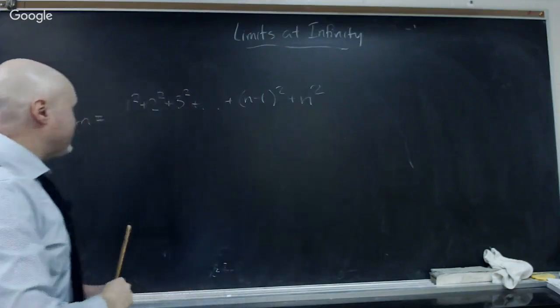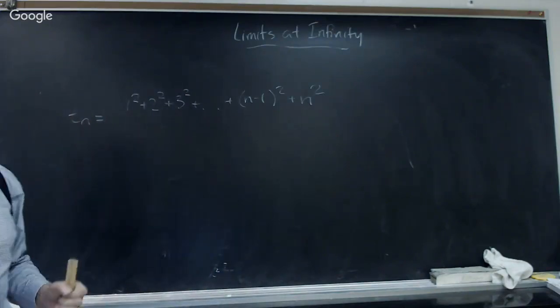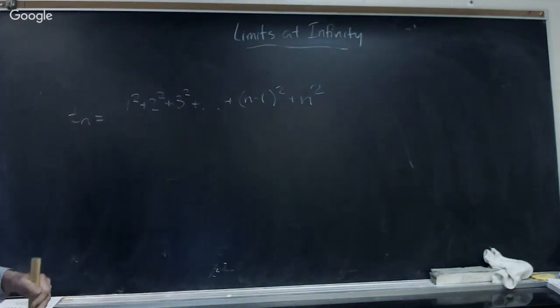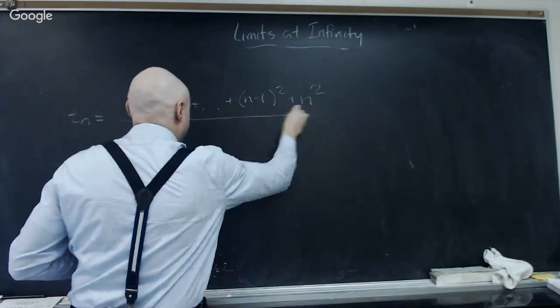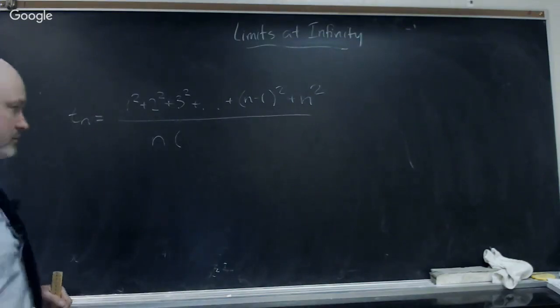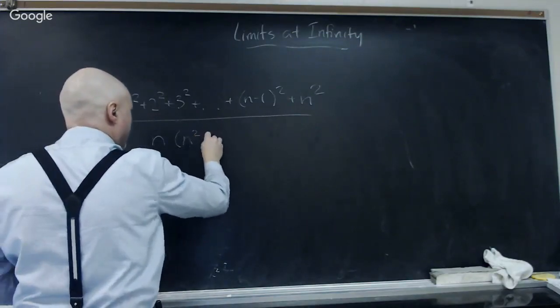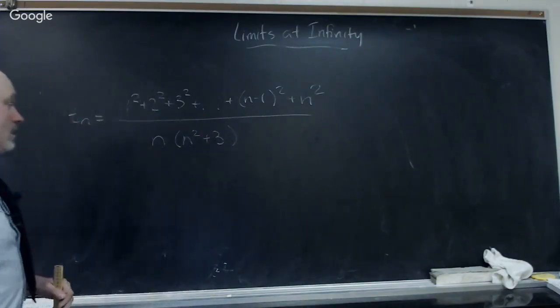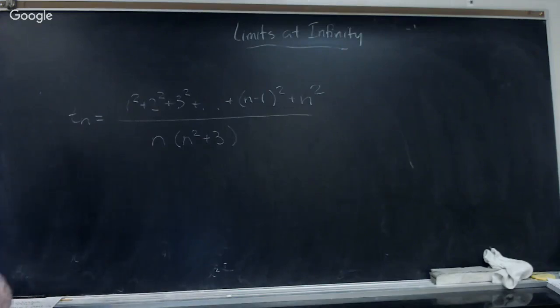And so the top is the sum of all the squares up to the term number. And it's being divided by an expression that is basically the term number times the term number squared plus 3. All right. And the hint here is take a look at the formula for the sum of n term numbers.